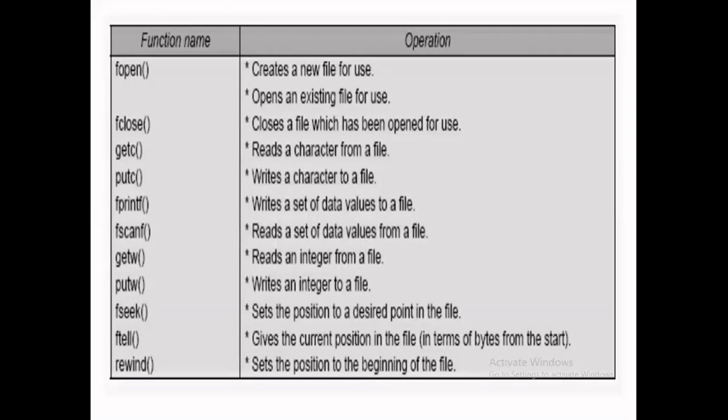If no file is there, then we have to create the file. Next, after all operations are completed, fclose closes the file. By using this function, the file is closed. Next, getc, putc, fprintf, fscanf, getw, putw, fseek, ftell, rewind.